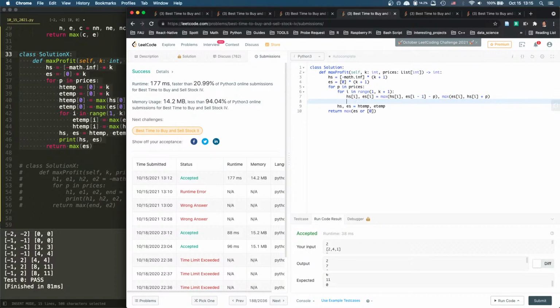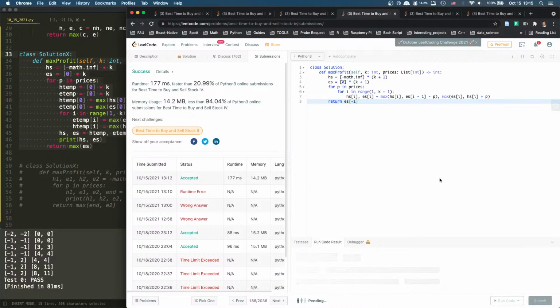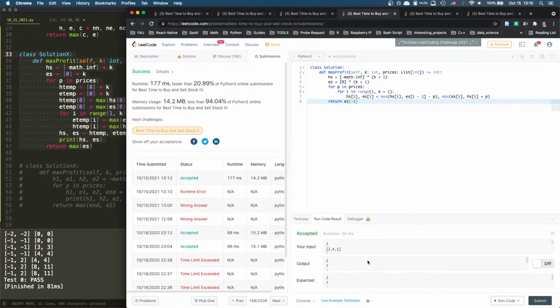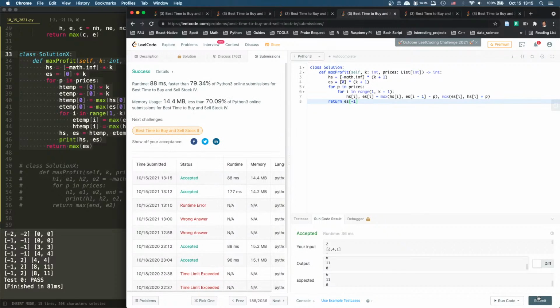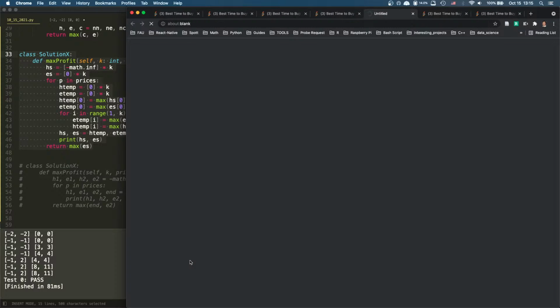Don't have to worry about this. Of course, don't have to worry about this. And ES minus 1. Yeah. Try this. Test cases. Yep. That's much faster because we don't have to copy and paste and stuff. Yeah, there we go. That's how it's supposed to be. So yeah, this is the solution.